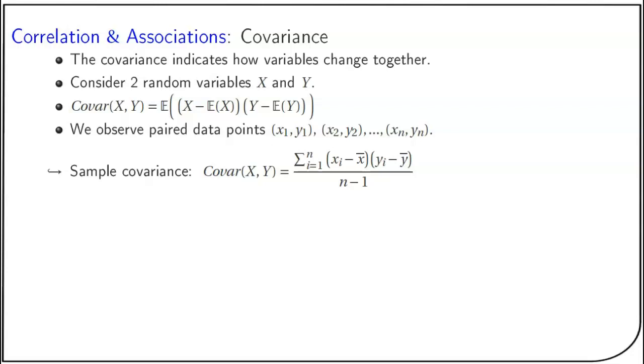Sample covariance, because it is expressed in terms of the samples of data that has been collected on x and y. In this sample covariance of x and y, the x with the bar on top represents the average of the observed values of x, and similarly y with the bar on top represents the average of the observed values of y.